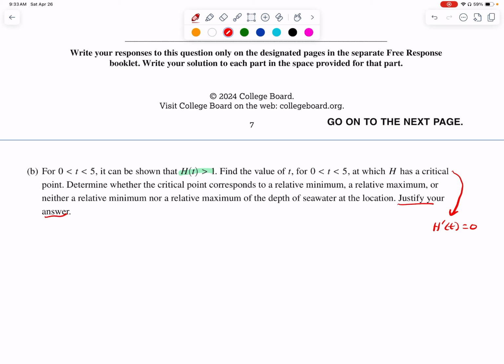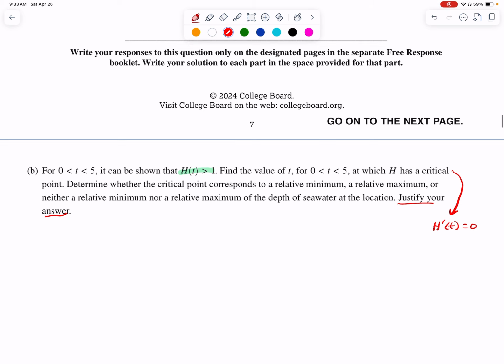If they're asking for justification and we're looking for relative min and max, we have 2 options. Our 2 options include the first derivative test, and it just checks the sign of your first derivative. See if you're changing from plus to minus or minus to plus.